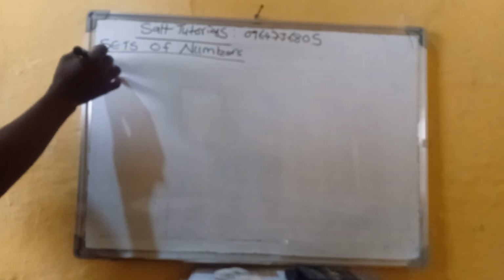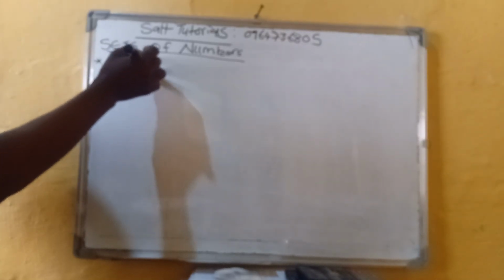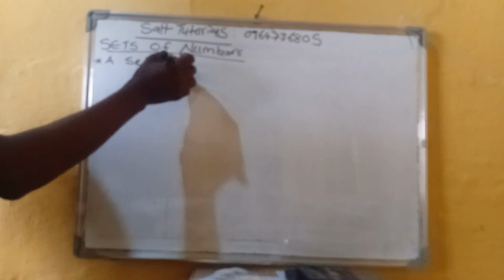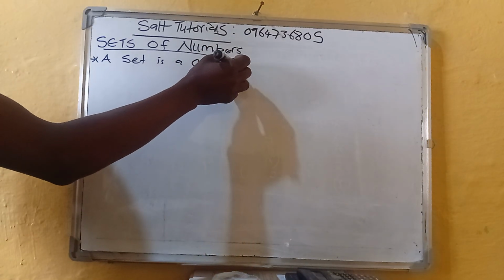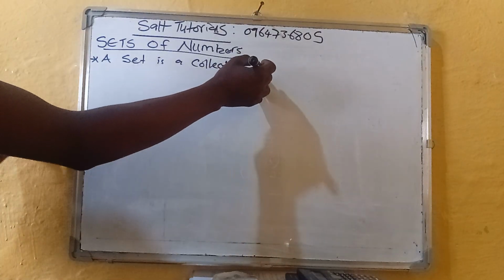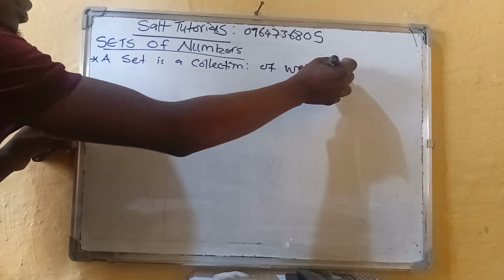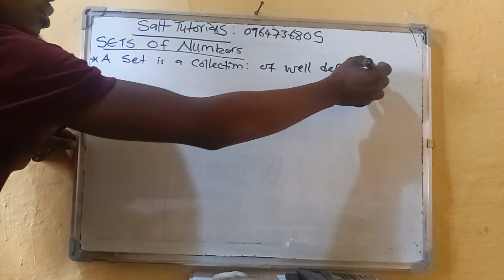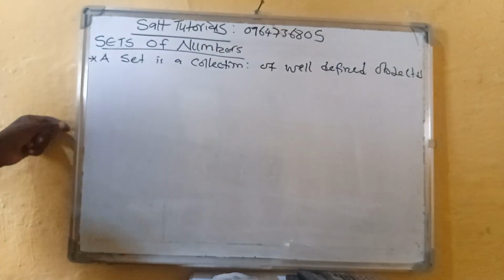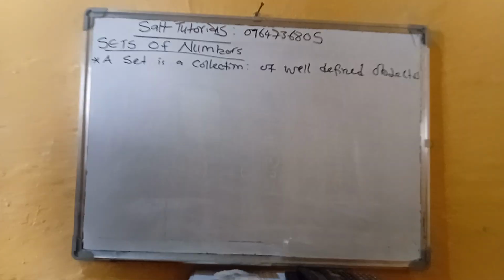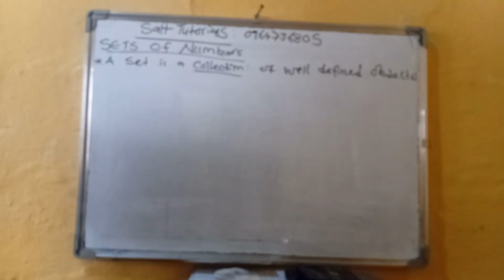We mentioned that a set is a collection of well-defined objects, and these objects are called elements. So something which is a collection, the concept which is grouping there.